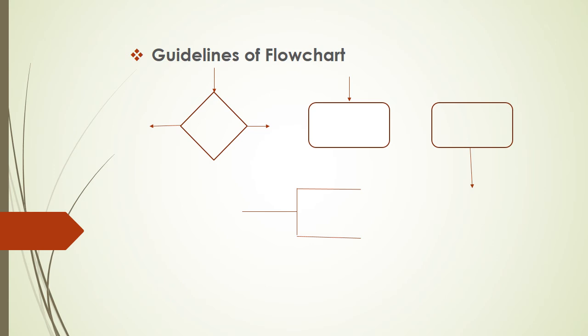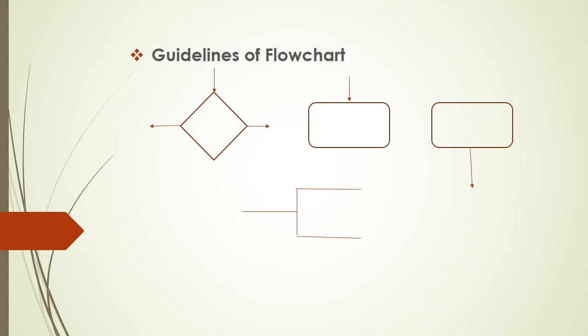This diamond shape shows that only one flow line must enter a decision symbol, but two flow lines, one for each possible answer, must leave it. The second rectangle diagram shows that only one flow line is used in conjunction with terminal symbols to ensure that the flowchart has a logical start and end. This remark symbol is written in connection with a remark. We can use the remark symbol to describe steps more carefully.